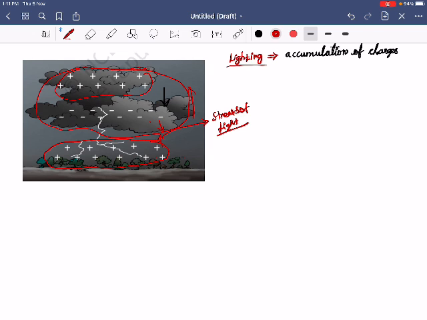Again I will say: first, air consists of a lot of charges. Due to the heating effect, the charges accumulate over different parts of the sky. After a certain time the positive charges rise above and the negative charges go below. Above the sea level, above the trees and the canopy, positive charges accumulate.